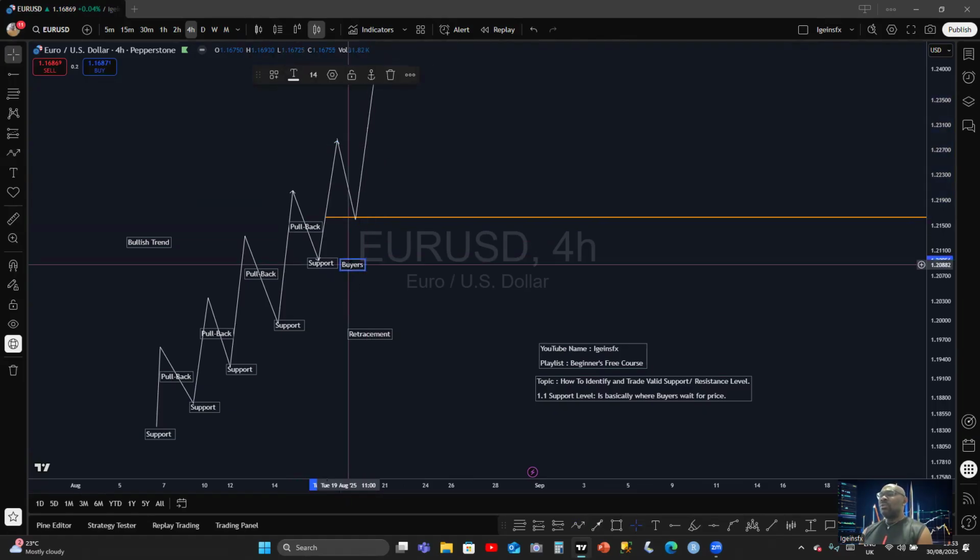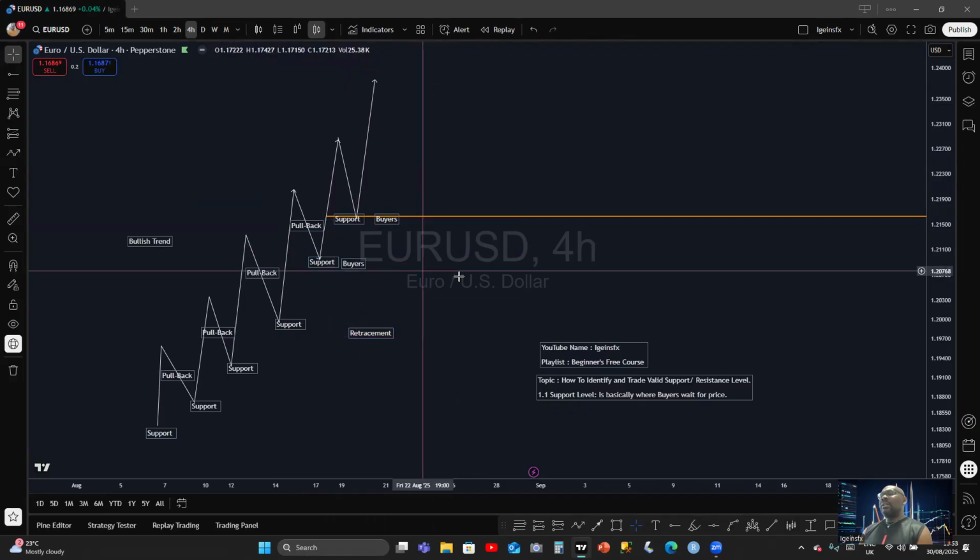So buyers, what they will do, they will wait here. Remember, this is a support level. Can you see it, guys?